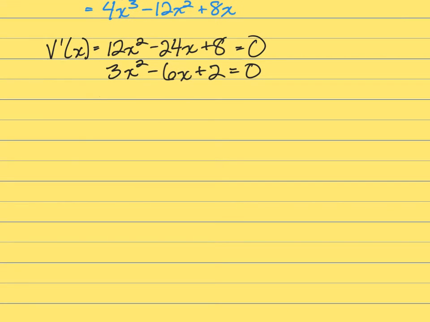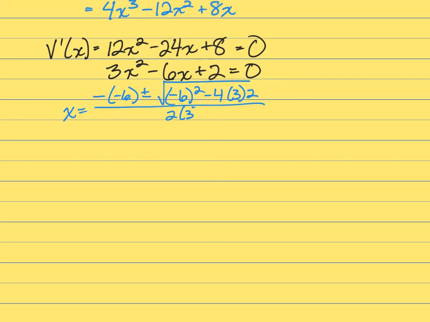Now this particular quadratic is not factorable, so we have to solve it using the quadratic formula. And so its solutions are going to be negative b plus or minus square root of b squared minus 4ac over 2a. So running that through, 36 minus 24 is 12 over 6.